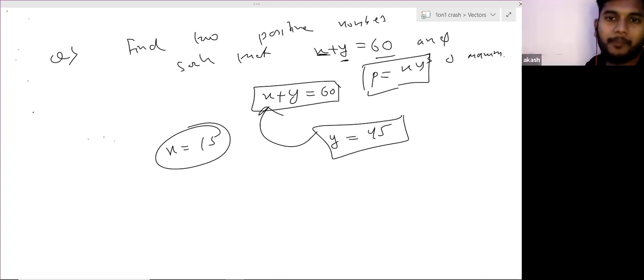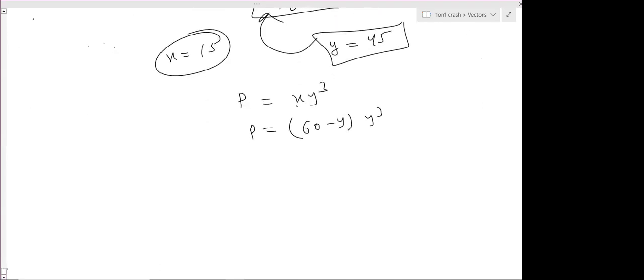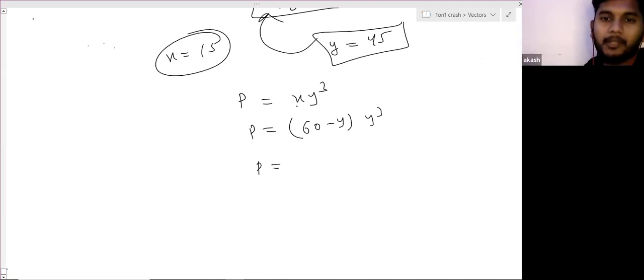Let me solve this. P is x y cube, right? So we can replace x with 60 minus y. So p is 60 minus y into y cube, which is 60y cube minus y to the power 4.